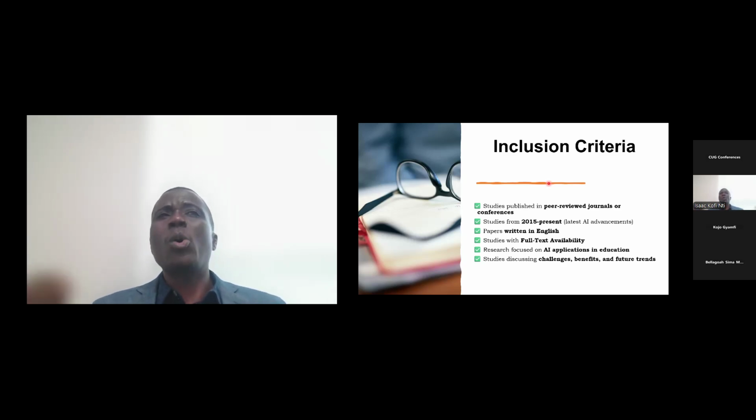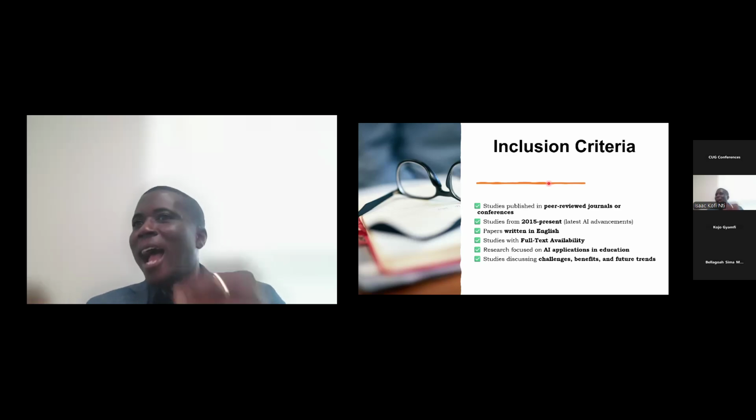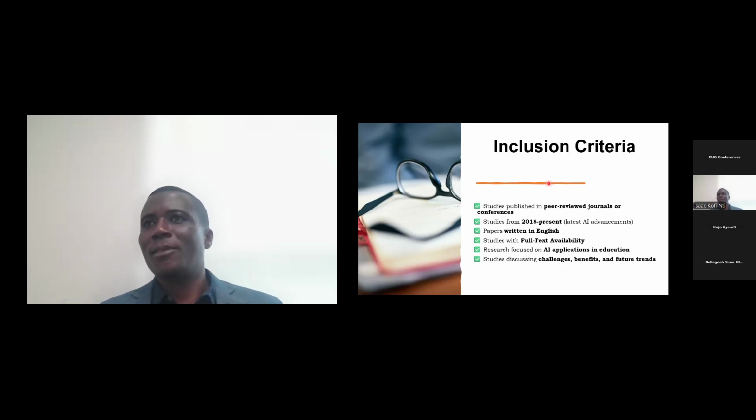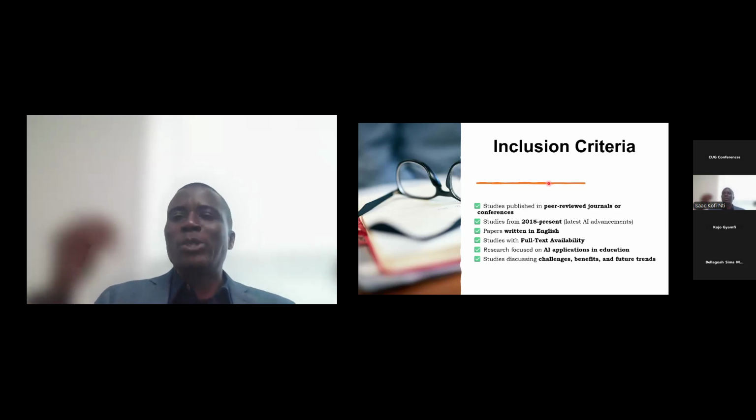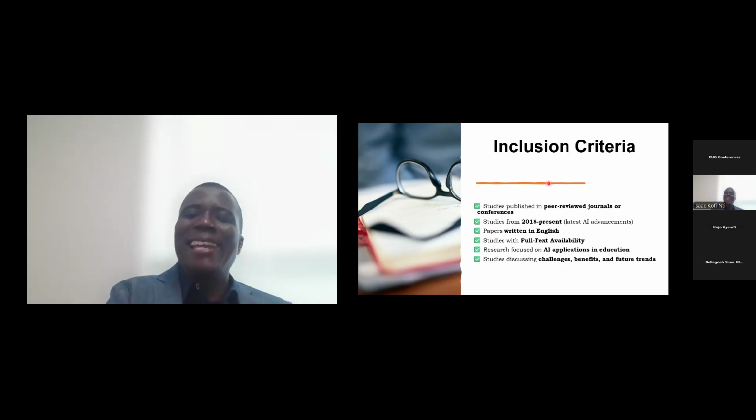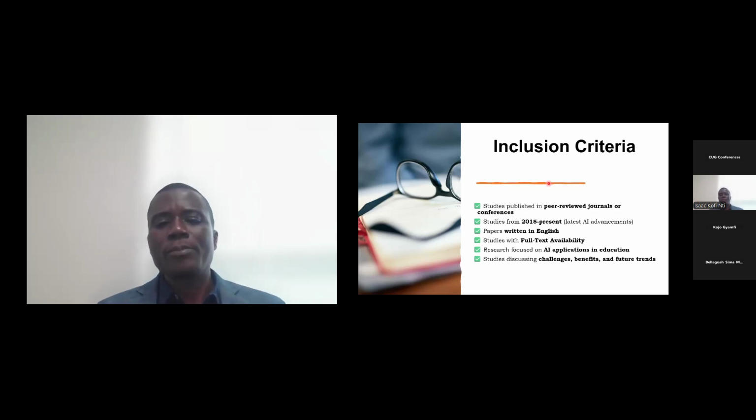It is only papers that focus on the application of AI in education. Application papers, not studies that are developing AI models, no, but those that have applied AI in education. Very important.